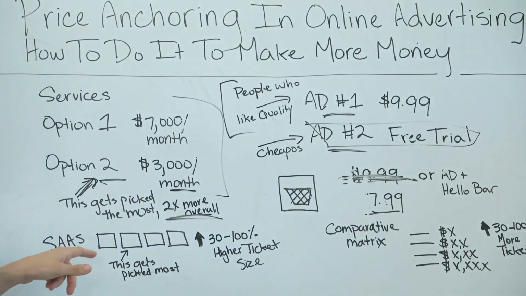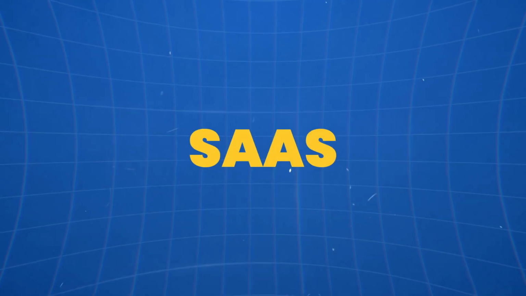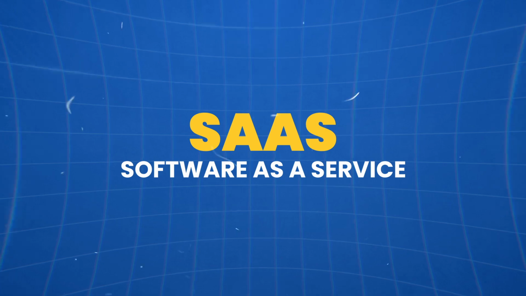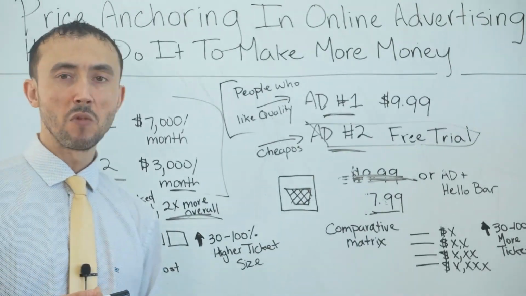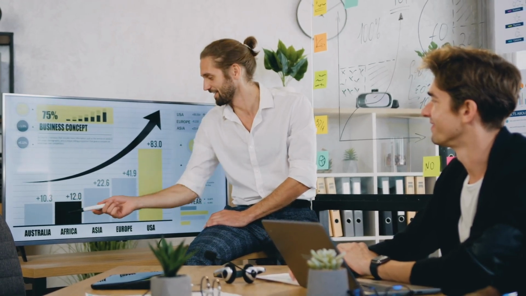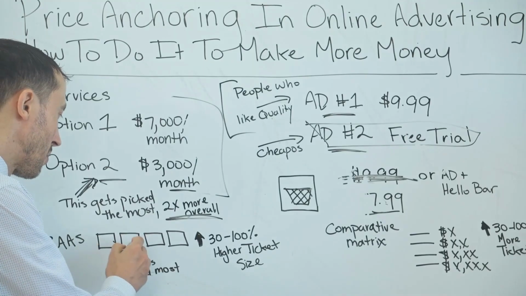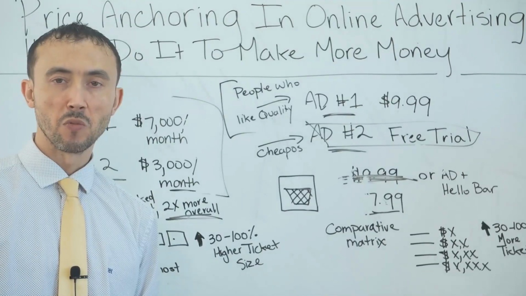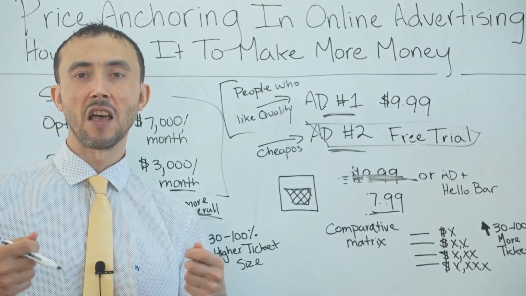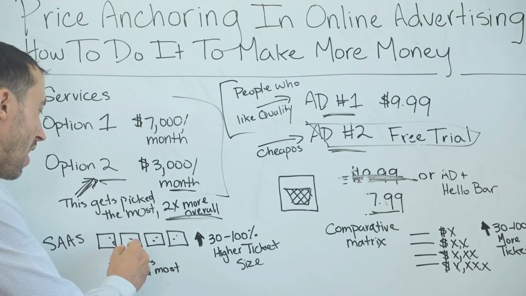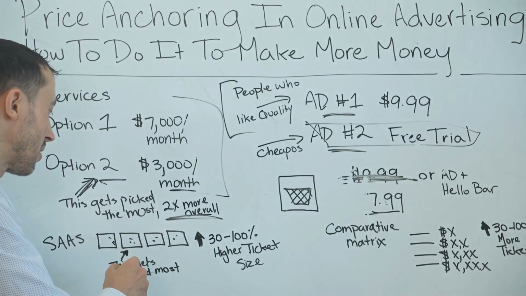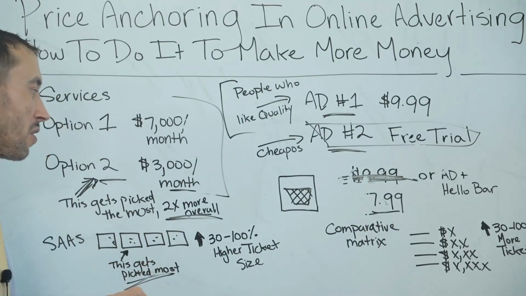So there's that. Next option, if you're doing SaaS, or software as a service, you'll see it all the time in that world, because people in that space usually have high-end marketing specialists helping them, and there's a lot of money in it. On a software subscription site, where you're buying access to business software every month, they'll usually have four options, and the second option from the left is generally the one picked the most.